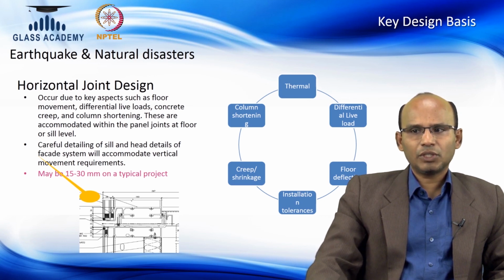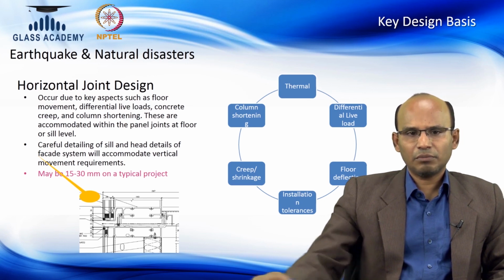So the facade system needs to be designed for joint movement. Typically, if you combine all this impact, the engineer should be aware that 15 to 25 or 30 mm needs to be designed for all the horizontal joints. That will define how the joint is designed for the project.